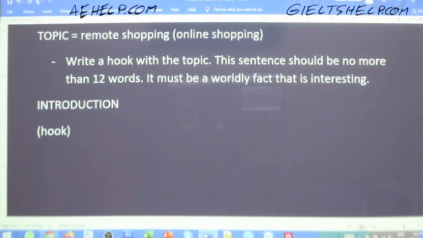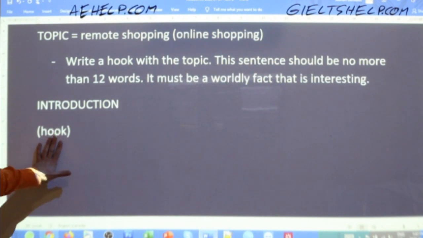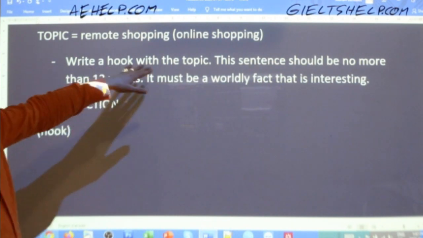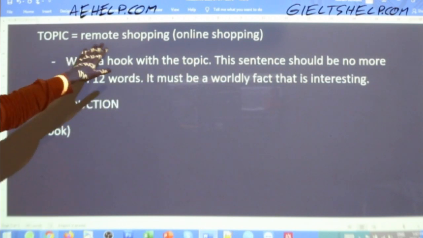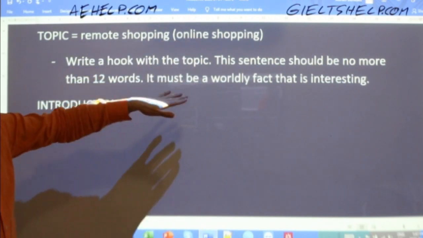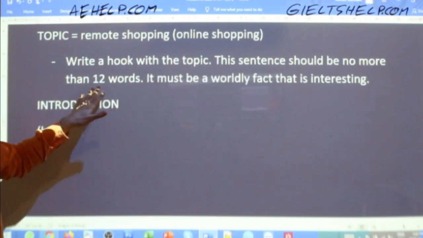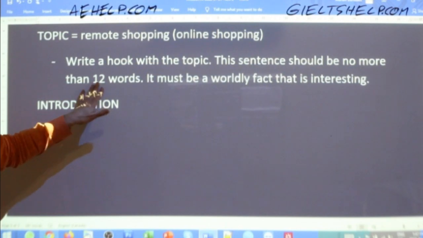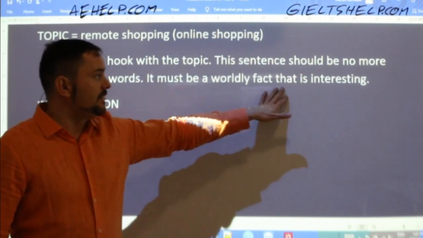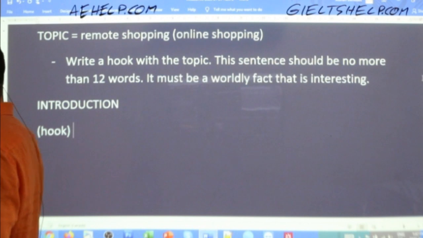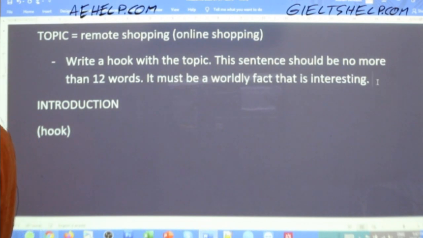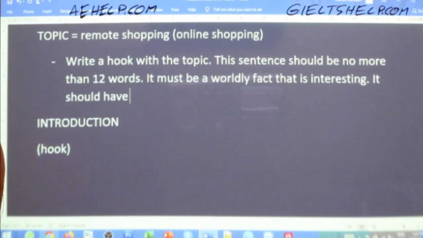So go ahead, students, go ahead, members, write a hook for me, please. Focus on these elements. So include the topic. The topic is remote shopping or online shopping. The sentence should be no more than 12 words, so 12 words maximum. It must be a worldly fact that is interesting, and very importantly, it should have no mistakes, spelling or grammar.